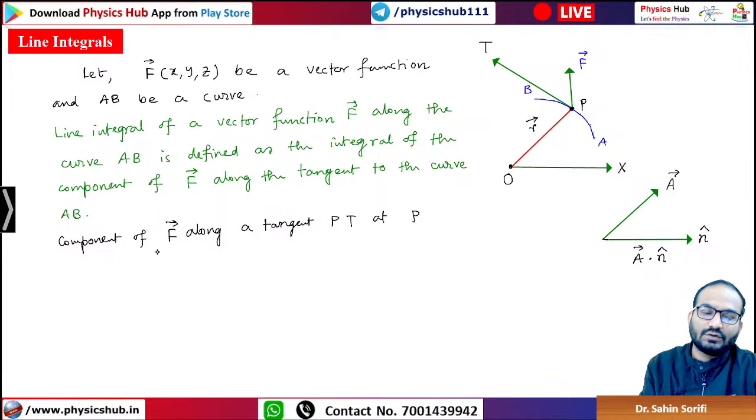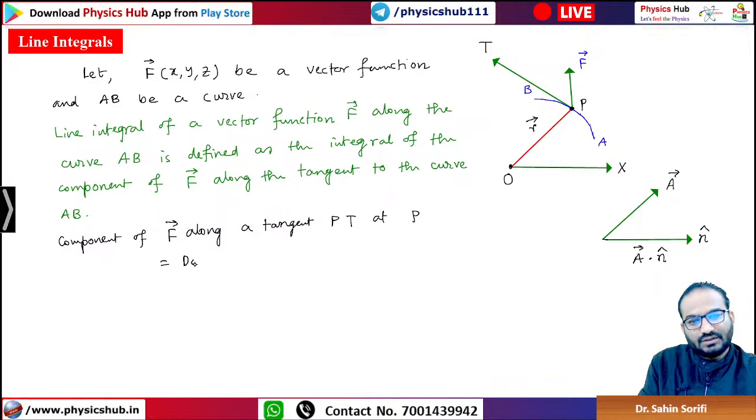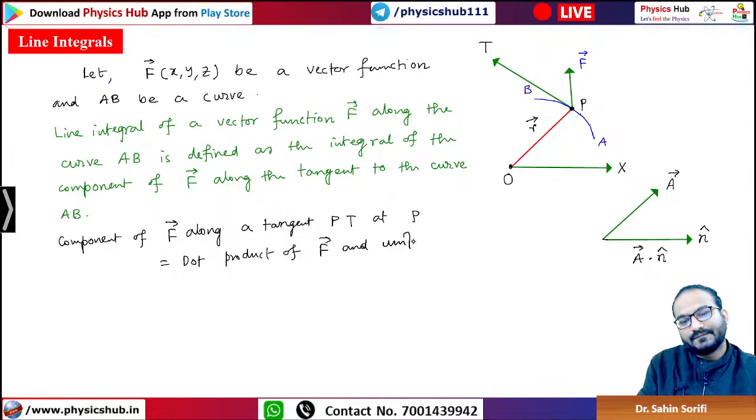So to calculate the component of f along the tangent at PT, what do you have to take? You have to take the dot product of f and the unit vector along PT. So what is the dot product of f and the unit vector along PT?